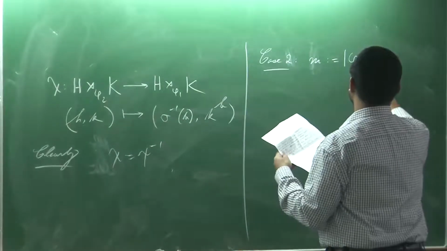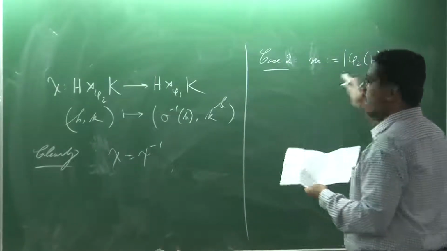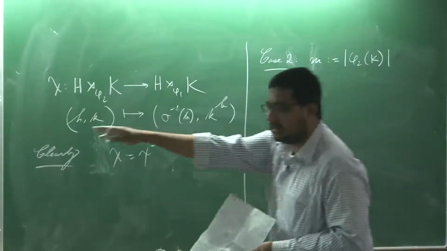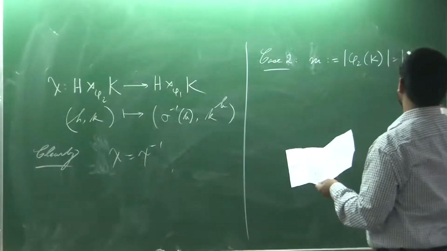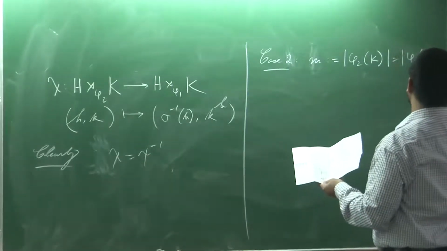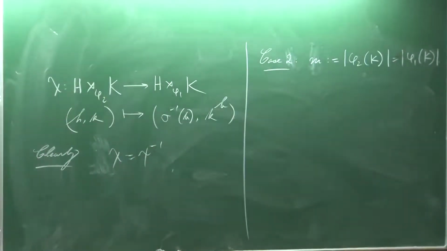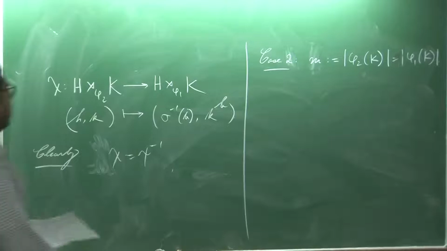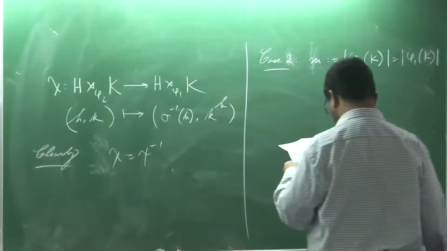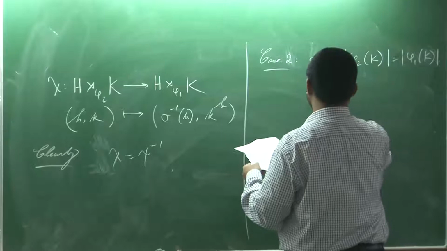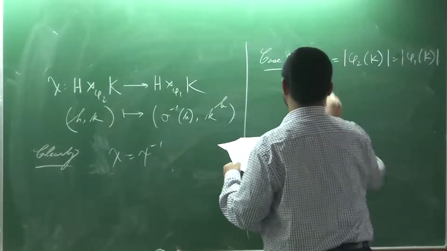Therefore phi 2 k and phi 1 k both will be finite, since they are conjugate, so their cardinalities will be the same. Let us call that m. And let me also define n.